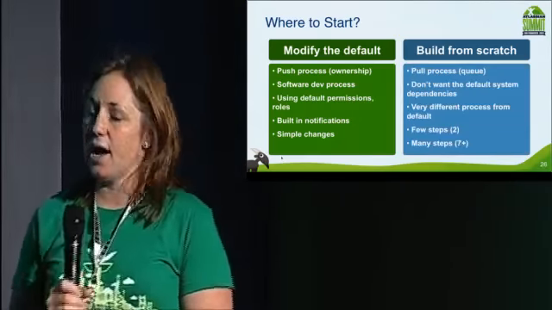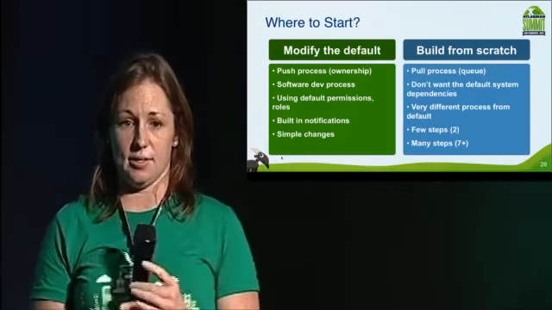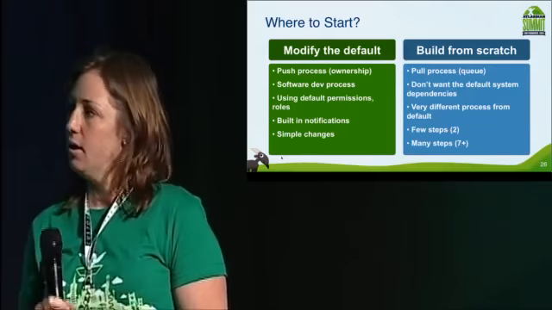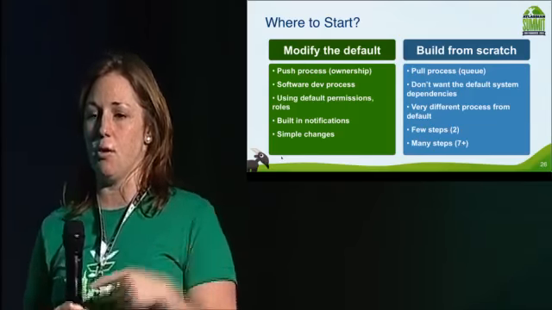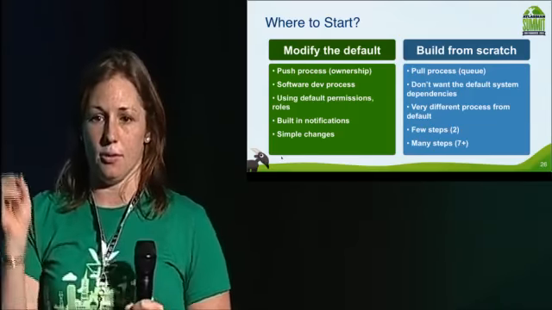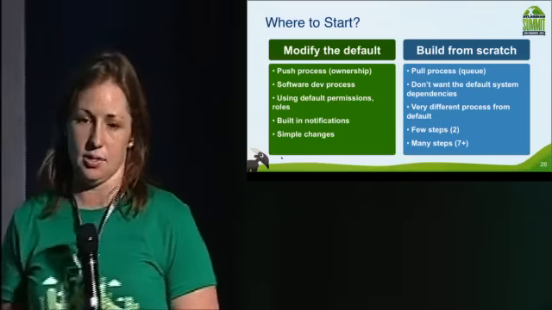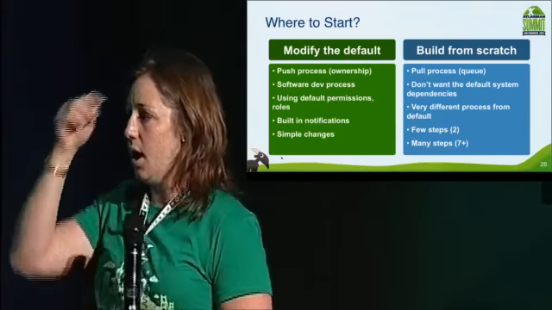You want to build from scratch if, like our support.atlassian.com, you've got this queue, this issues in waiting idea, or if you don't want to have to go in and strip out all those restrictions and automatic actions that happen, if you aren't using those default permissions.